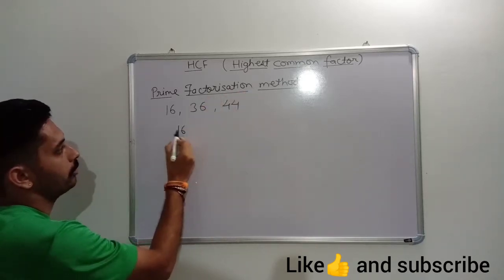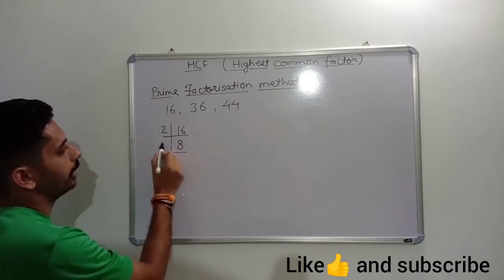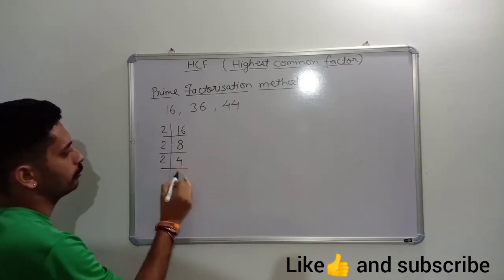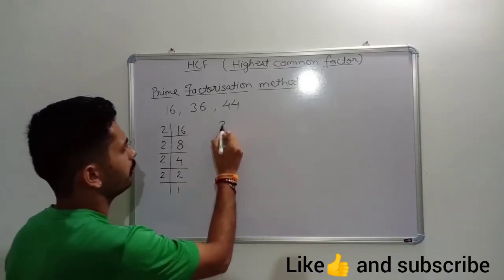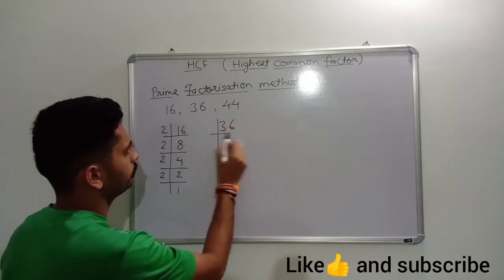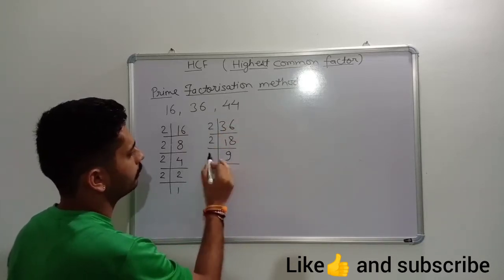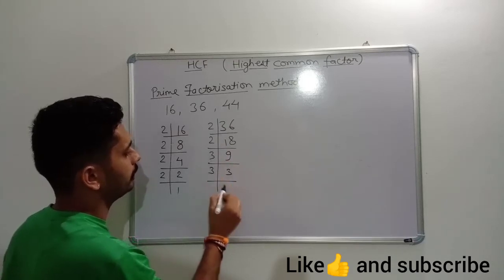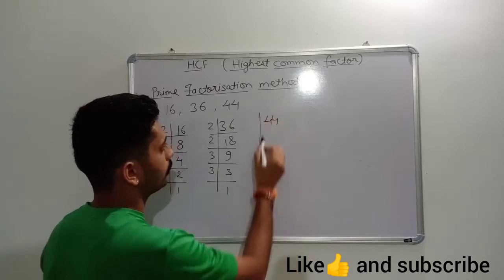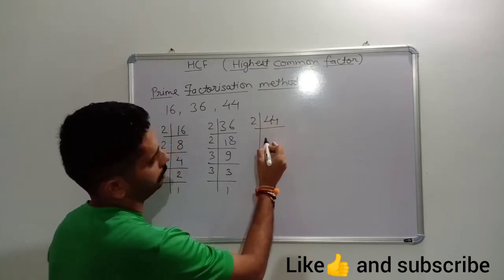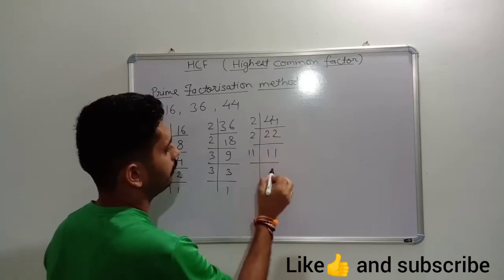So first of all, find out the prime factors. 16: 2, 8, 2, 4, 2, 2, 2, 1. Then prime factors of 36: 2, 18, 2, 9, 3, 3 and 3, 1. Then the prime factors of 44: 2, 22, 2, 11 and 11, 1.